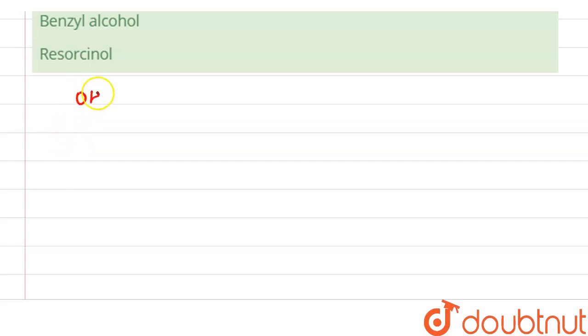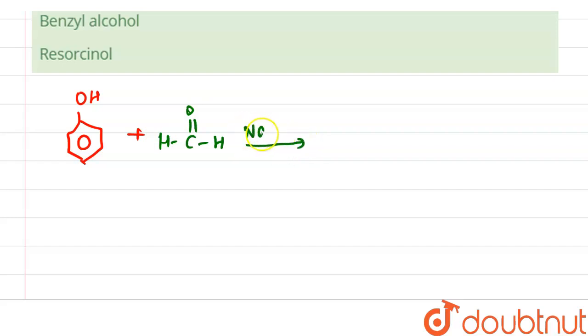Here, this is phenol, which reacts with formaldehyde, which is H-C double bond O-H, in the presence of sodium hydroxide.